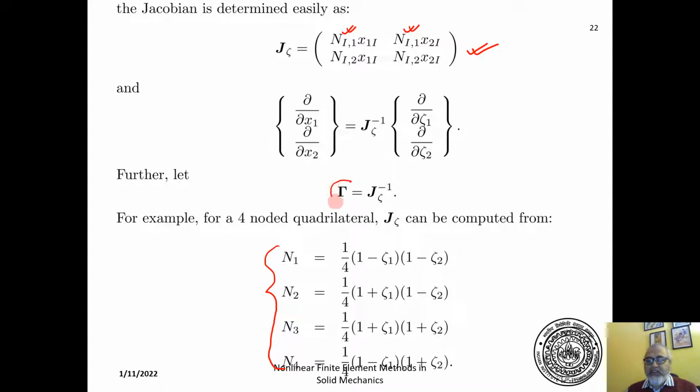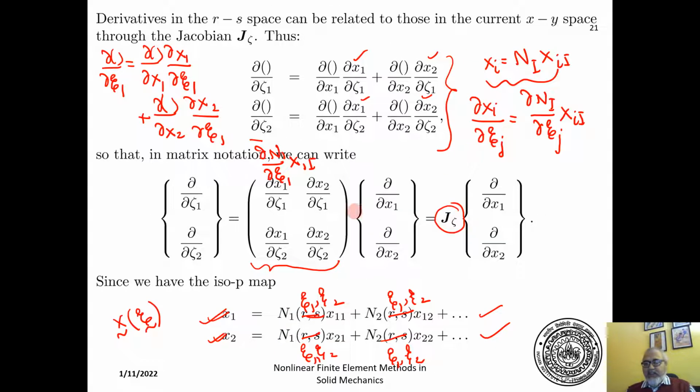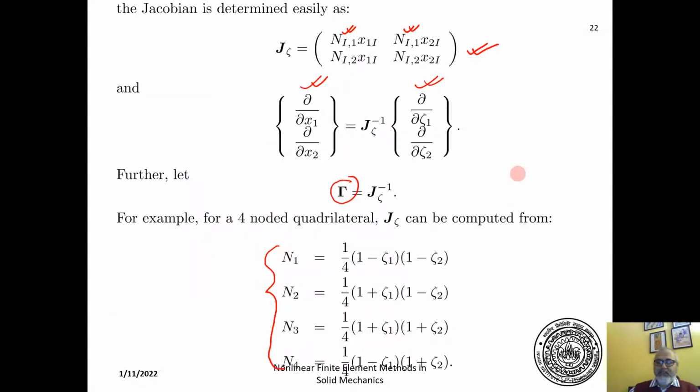We sometimes call it omega. So omega is the matrix that now connects the derivatives in the physical element to the derivatives in the parent space. Just like J connected the derivatives in the parent space to the physical space, J inverse connects the derivatives in the physical space to the derivatives in the parent space.